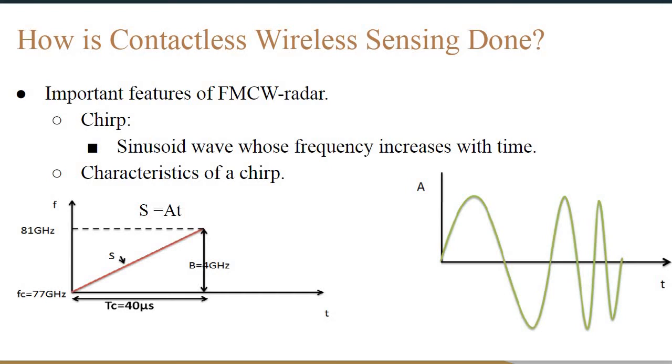In other words, it is a straight line with a given slope. From the figure we can observe the following characteristics of a chirp: a start frequency Fc, a bandwidth B, and the duration Tc. Also, the slope S of the chirp defines the rate at which the chirp ramps up.